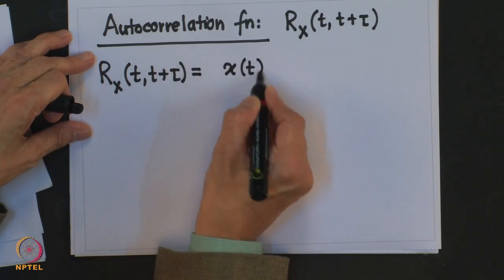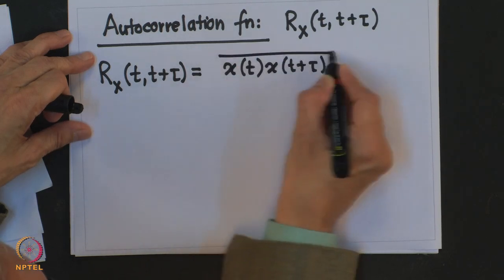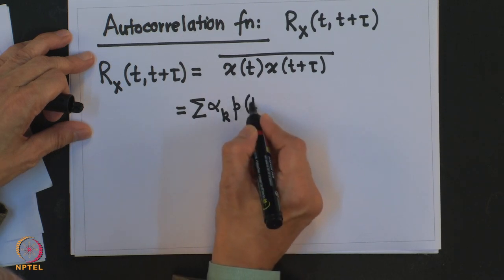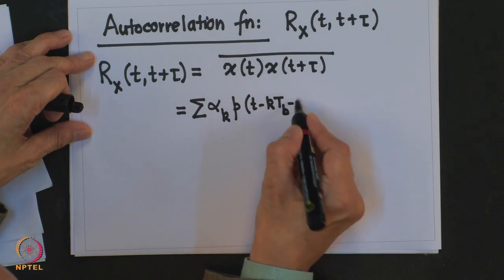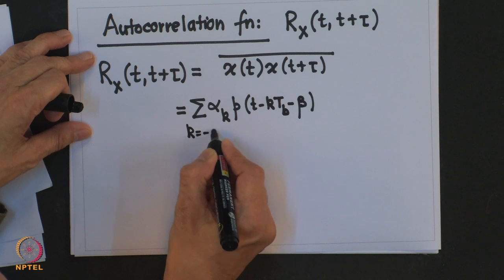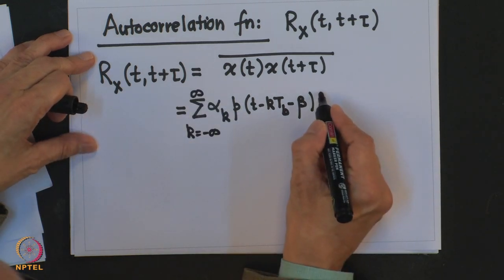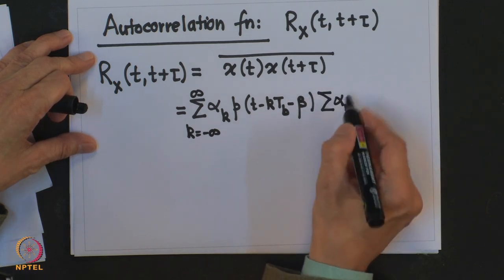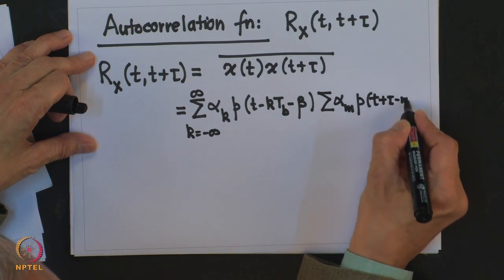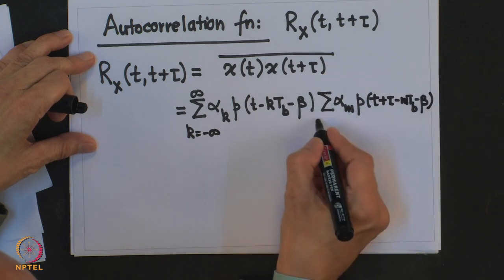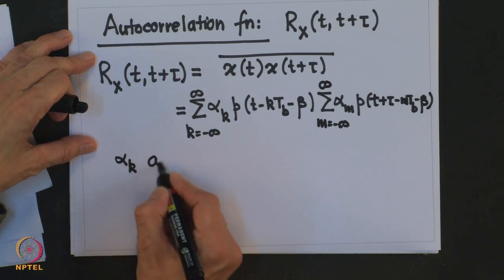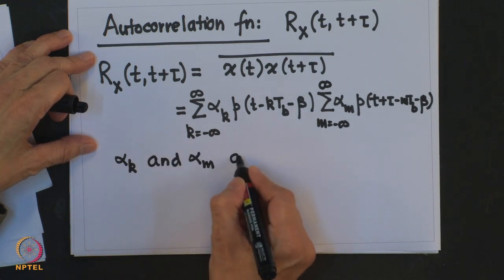This is equal to this, I can rewrite it as, remember alpha k and alpha m are both independent of beta.